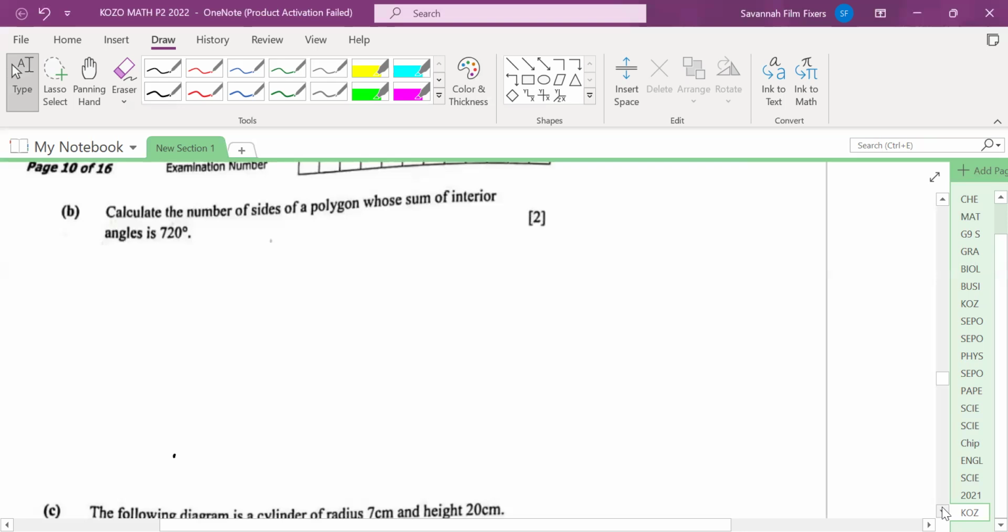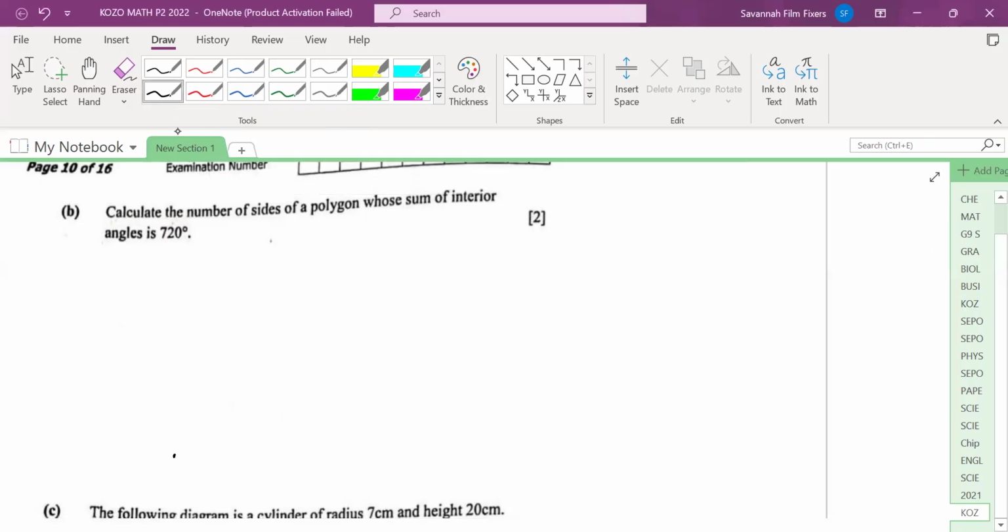So here we are now saying calculate the number of sides of a polygon whose sum of interior angles is 720. So this one is similar to that question which says number of sides. There's a formula where you say 360 over n. You remember that formula?